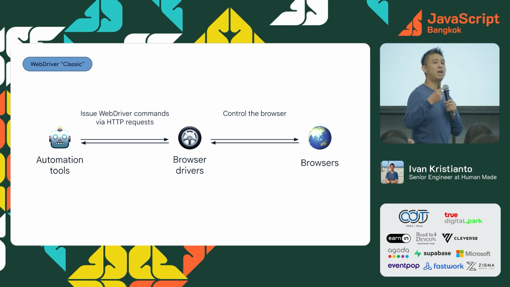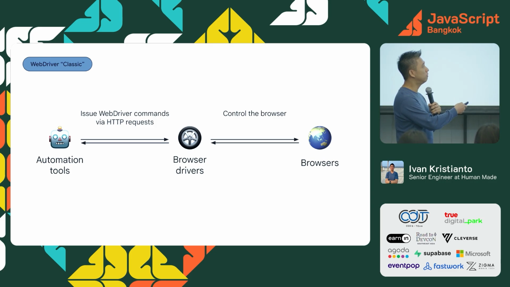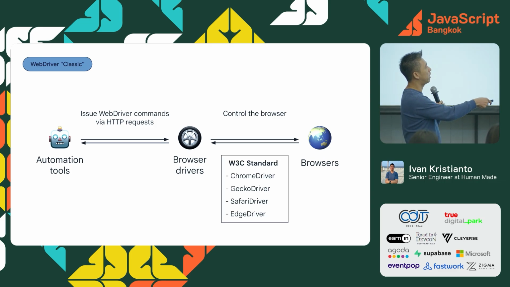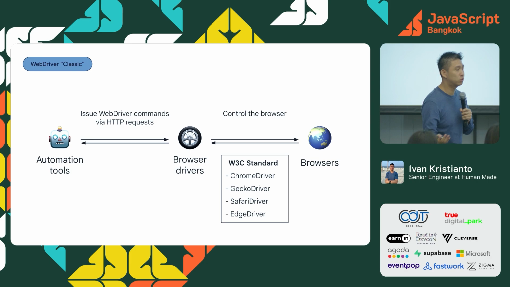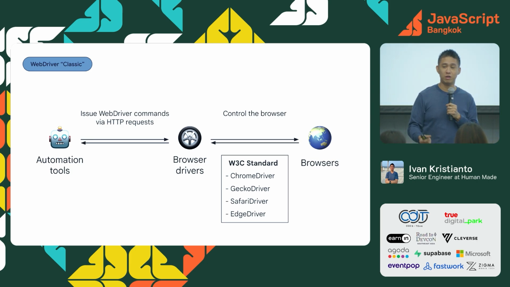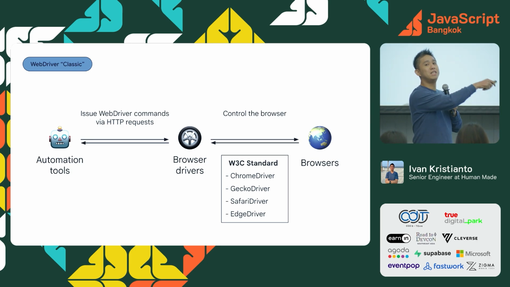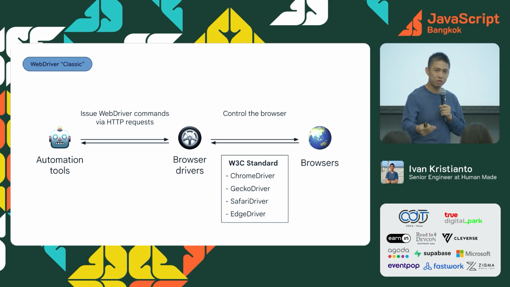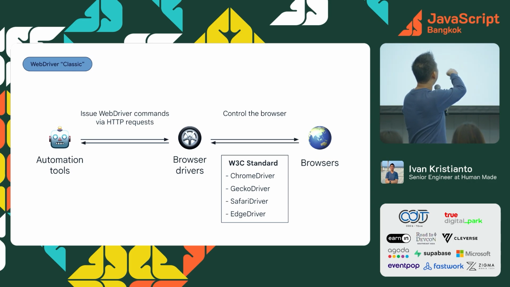Your automation tools, like WebDriverIO for example, use the browser driver. It's either ChromeDriver, Gecko for Firefox, Safari, or EdgeDriver. It's already built into your browser, and it interacts from your automation tools to the browser.